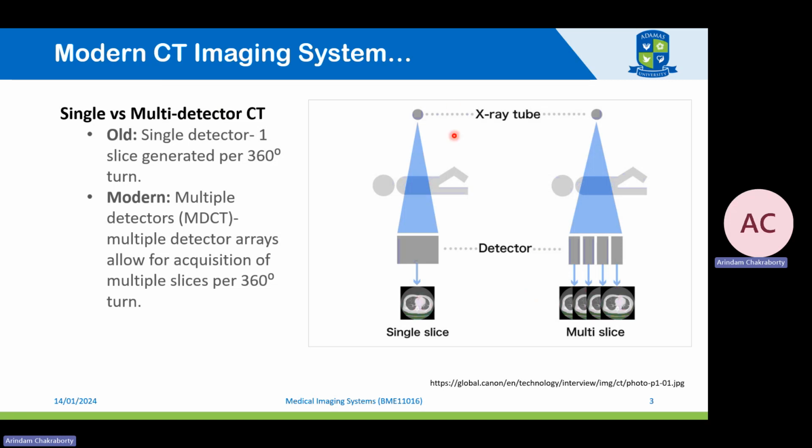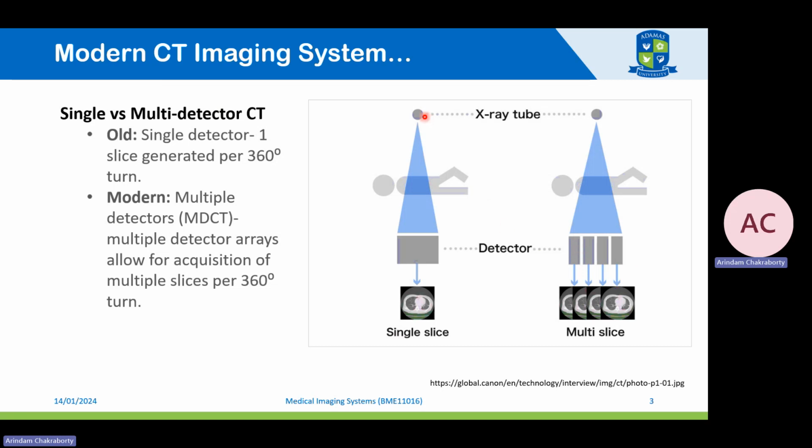As we can see from this image, there are two essential differences. First, the single slice is generated from a single detector array, and multiple slices can be generated from a multiple detector computed tomography system.